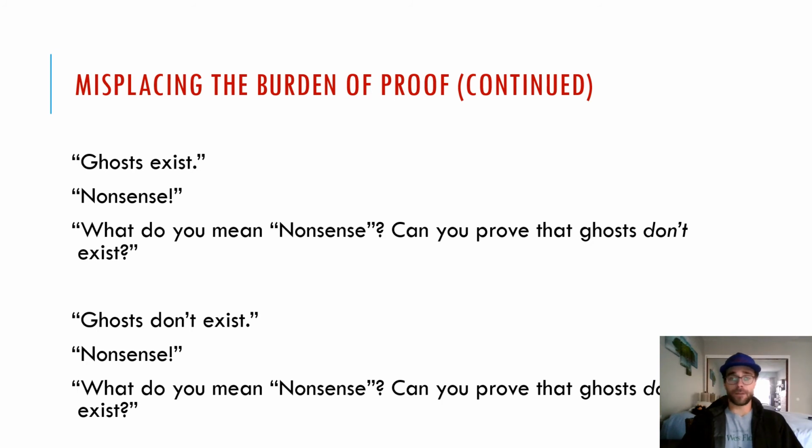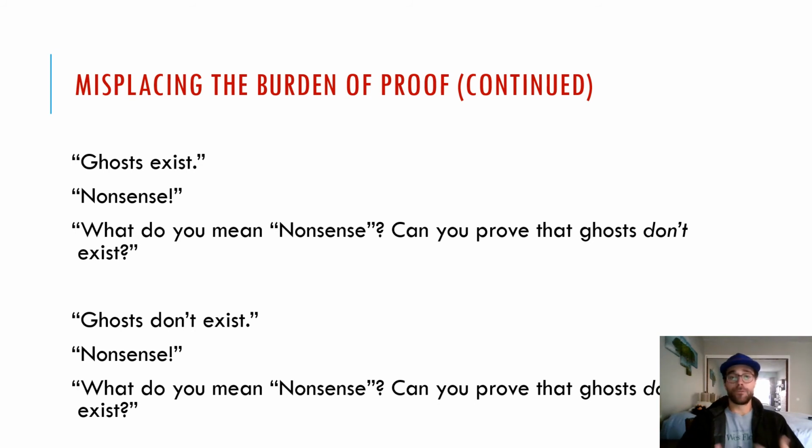Here, the bottom argument is the accurate argument, because we can expect those that believe in ghosts to prove their position that ghosts are real. We cannot expect someone to prove that something doesn't exist. To prove the negation of something, or to prove that something is non-existent, is virtually impossible and something that's philosophically very problematic.